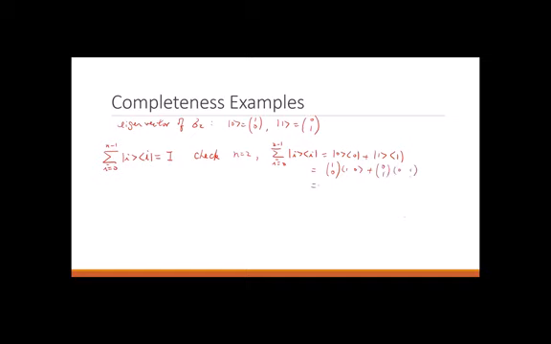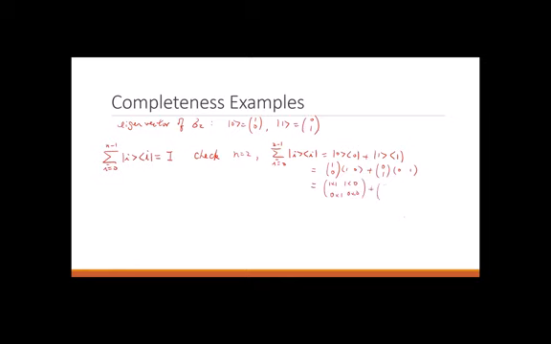Now, can you do the matrix multiplication? Row times column. The row only has 1 element, the column only has 1. The first one is 1 times 1, 1 times 0, 0 times 1, 0 times 0, right?